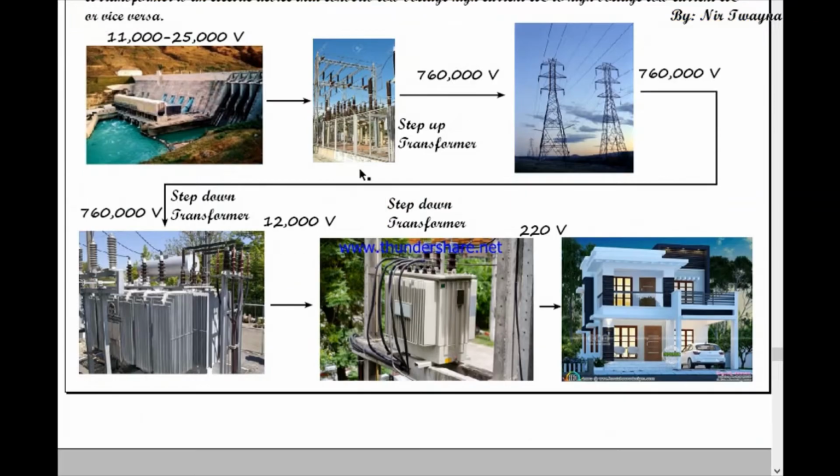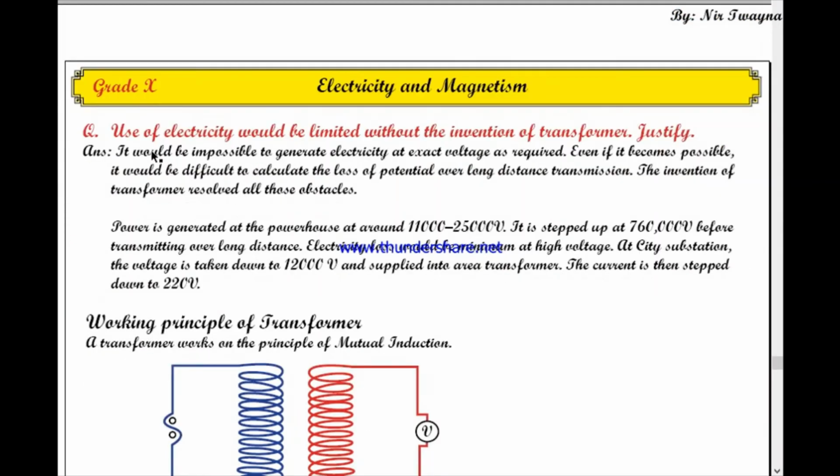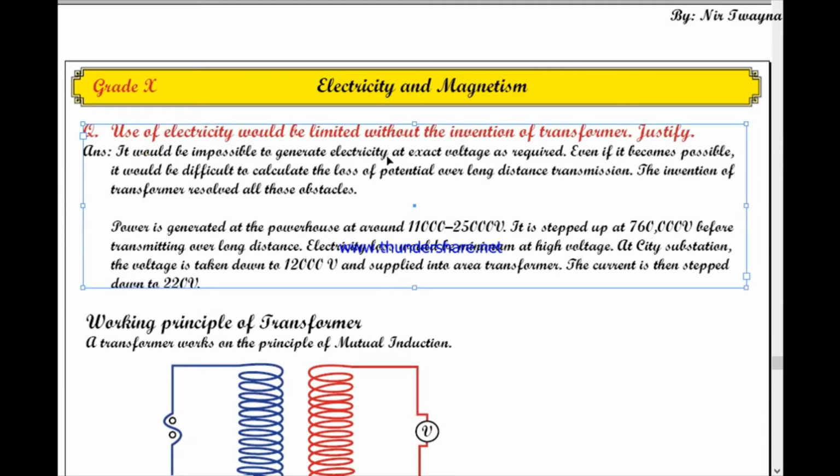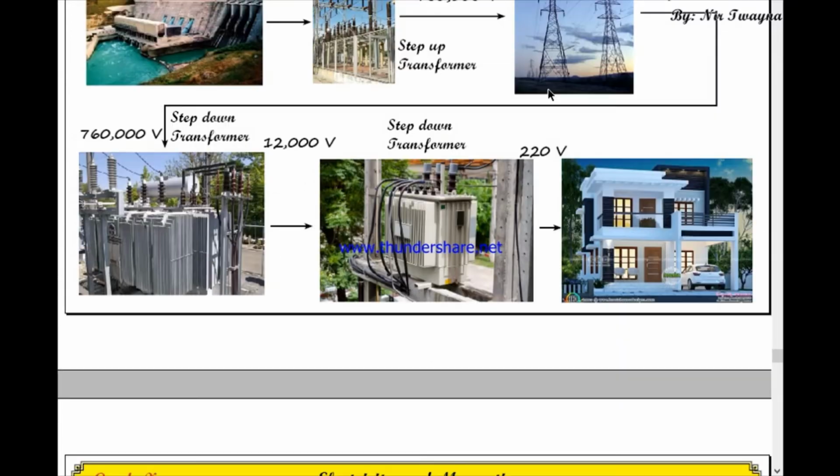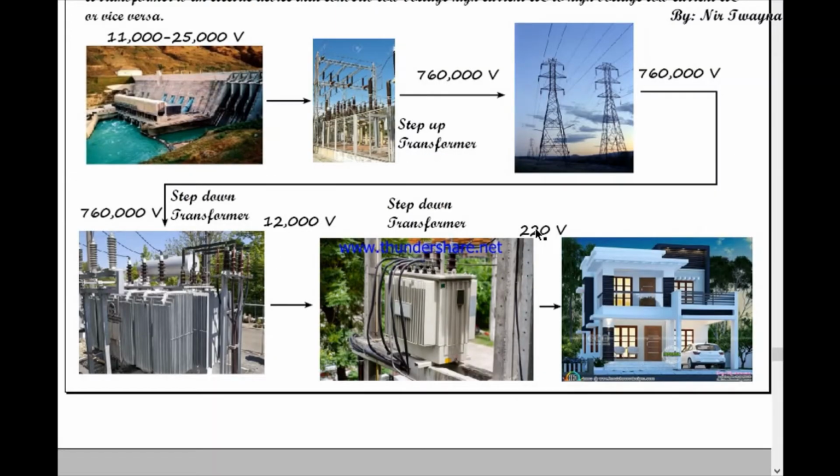It would be impossible to generate electricity at the exact voltage as required. We need current at 220 volt, but it won't be possible to generate current at 220 volt at the hydropower station. And if you manage to generate it at 220 volt, imagine how much electricity will be lost when it is transmitted to your home, because 220 volt is such a small voltage.